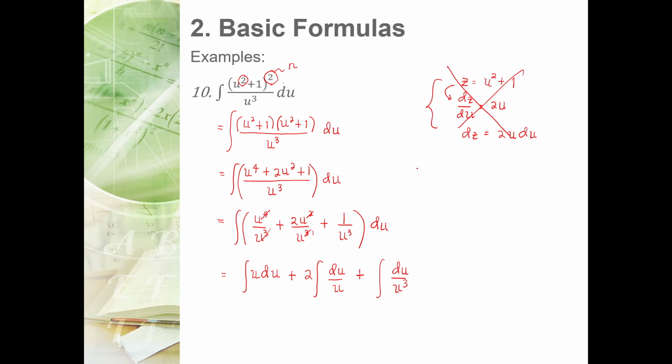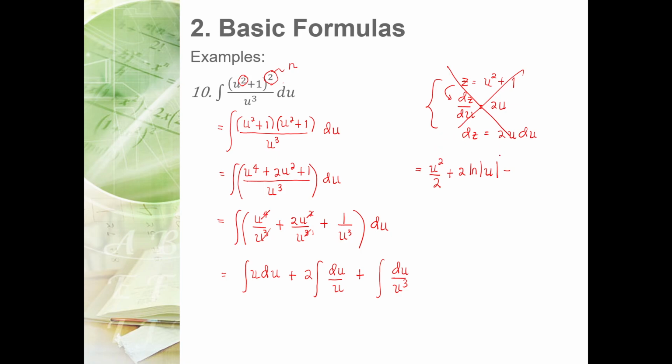Okay, so integrating, you have u squared all over 2 plus 2 ln of u, then instead of plus, this becomes minus. I'll just create a shortcut because it's almost time.